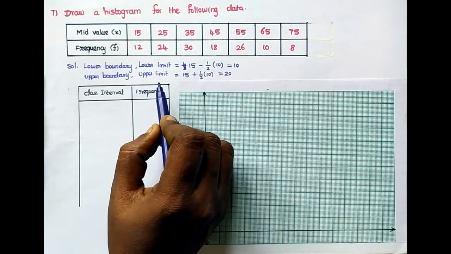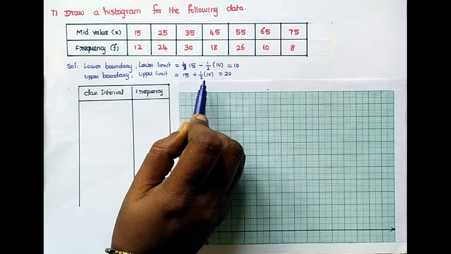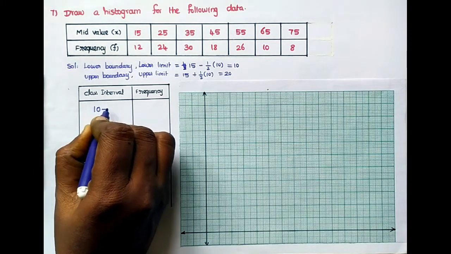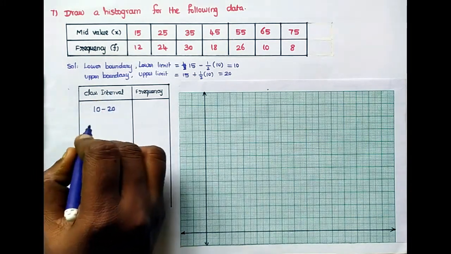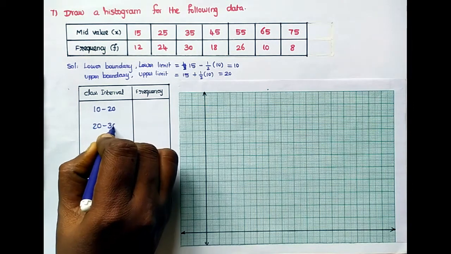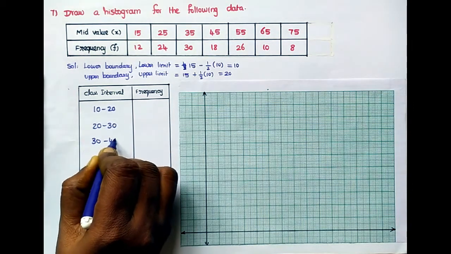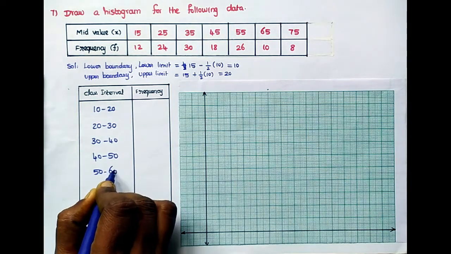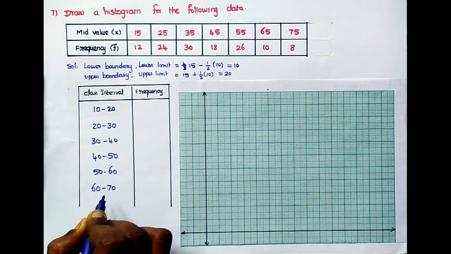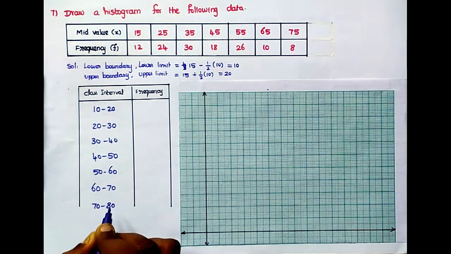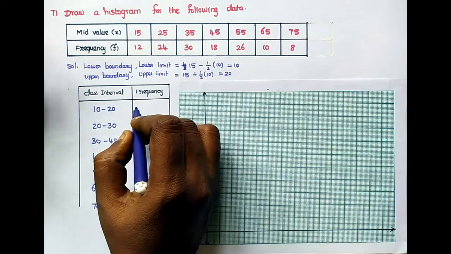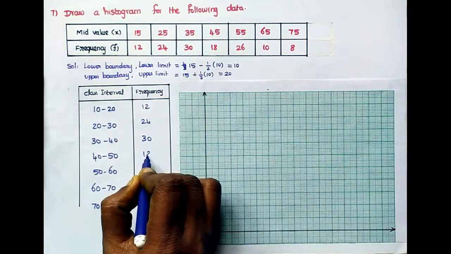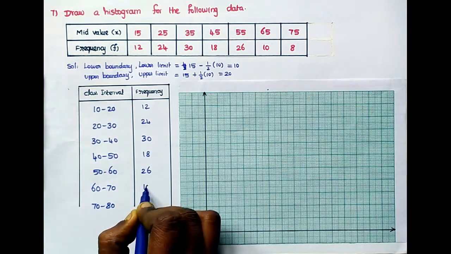And upper limit 15 plus half of 10, so that is 20. So first one, 10 to 20. Next, 20 to 30, 30 to 40, 40 to 50, 50 to 60, 60 to 70, 70 to 80. Class frequency 12, 24, 30, 18, 26, 10, 8.